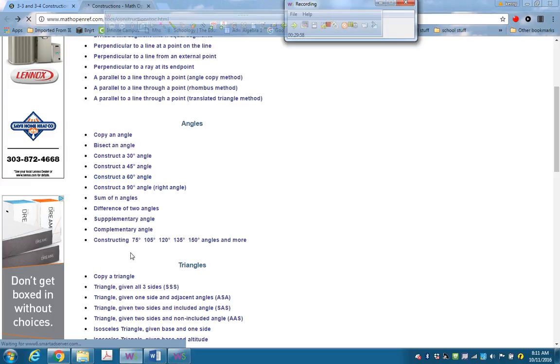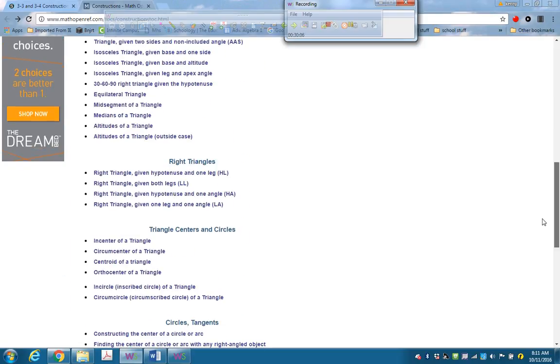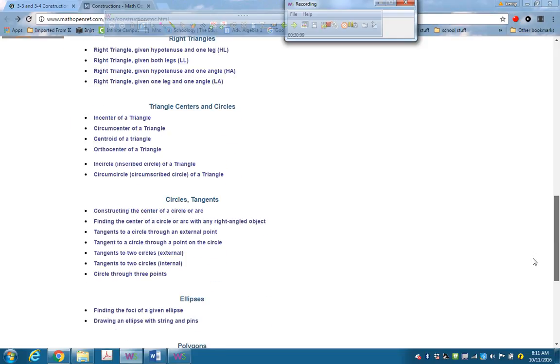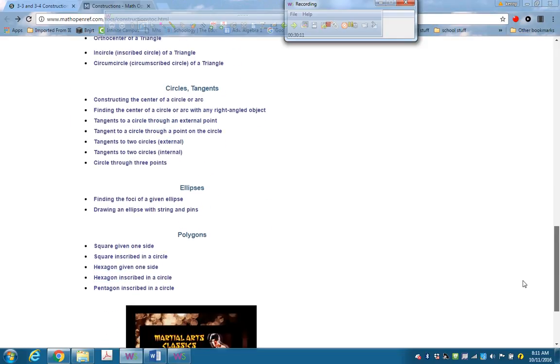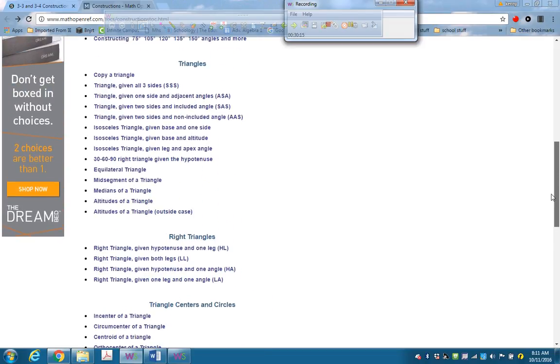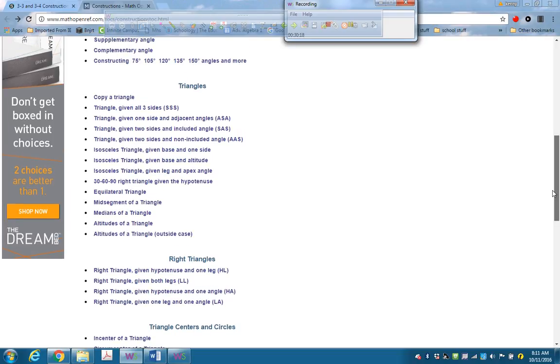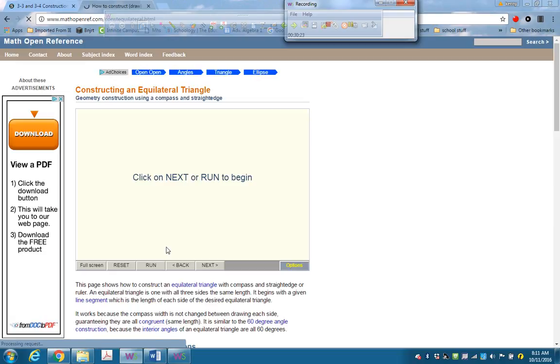Where's the equilateral triangle? Construct an equilateral triangle. Right triangle, circles, polygon, square. Right triangle. Where is it? Oh, there it is. Okay. So when they do an equilateral, I kind of like you to do it this way.